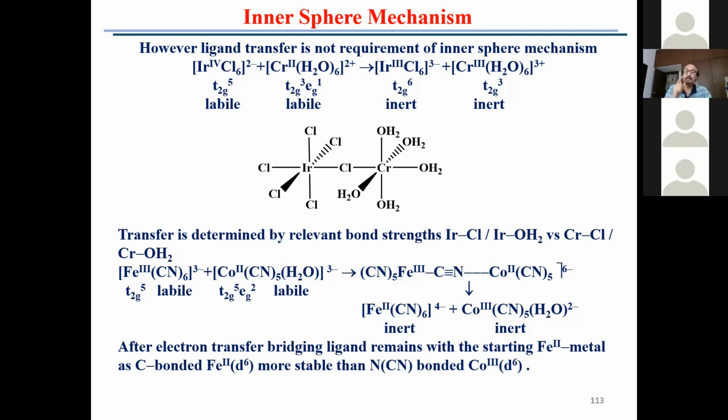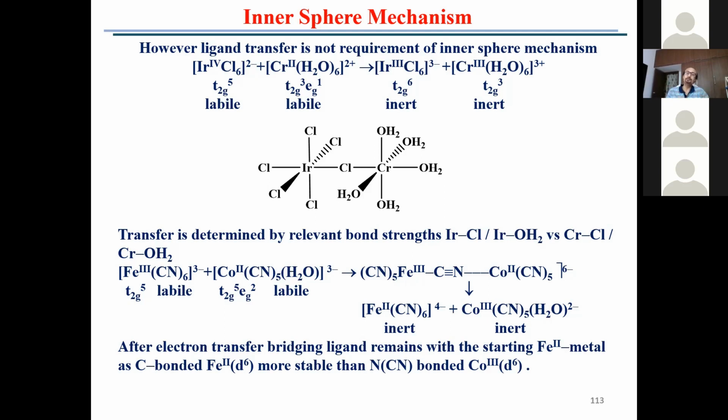Now again, you have to understand that in the earlier example we said that chloride is moving from the cobalt side to the chromium side after the electron transfer. The argument we have given is based on inertness and lability.